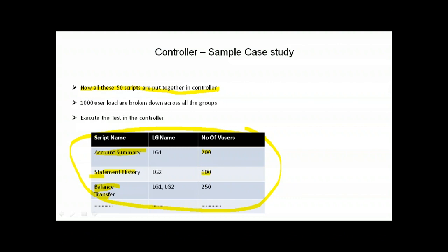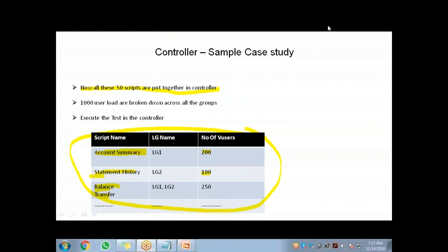Where will you get this information? Account summary 200, statement history 100, balance transfer 250. Where will you get this information from? As per the NFR you got that you need to run with overall 1000.